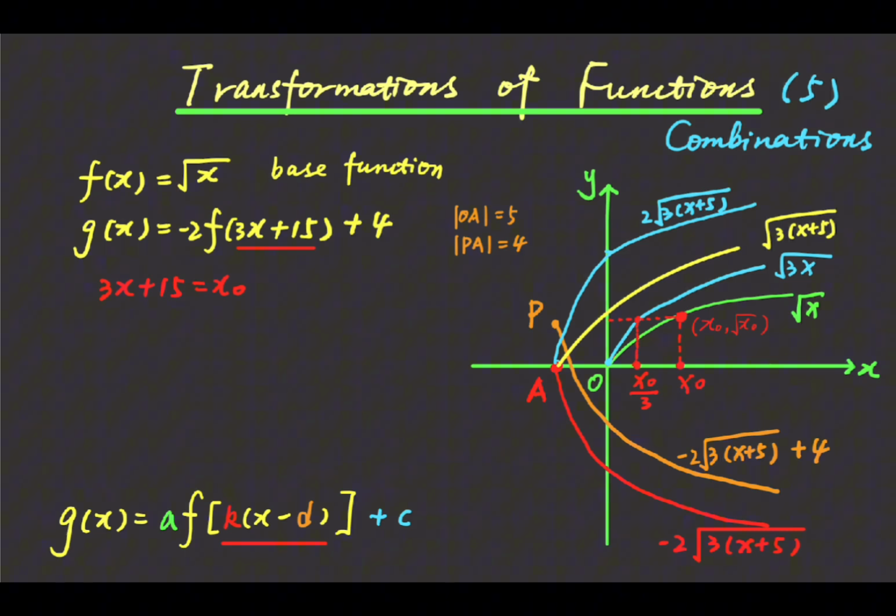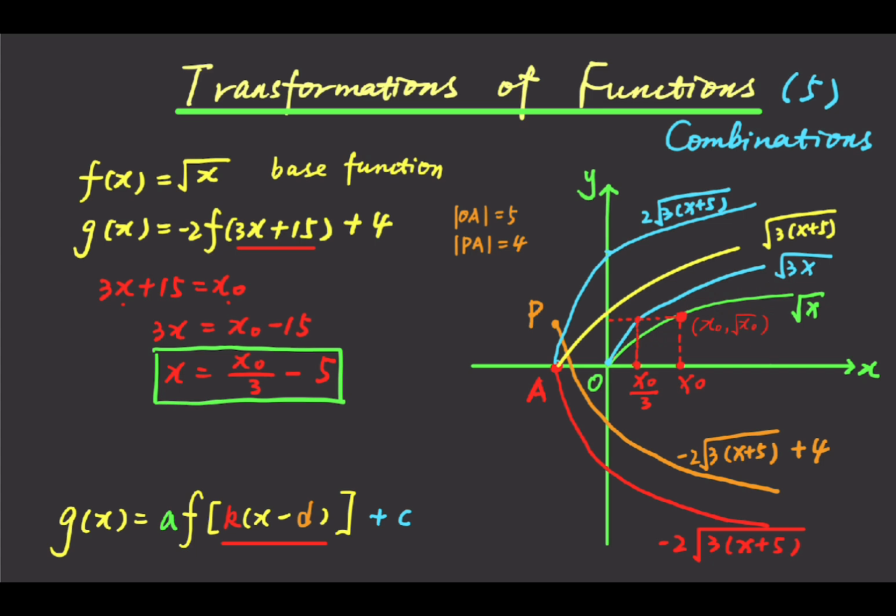So 3x equals x0 minus 15, and x equals x0 over 3 minus 5. This is the relationship between x0 and x. If we want this whole to equal x0, x must be x0 over 3, then minus 5. If we have known the graph of this function, it is this green graph.